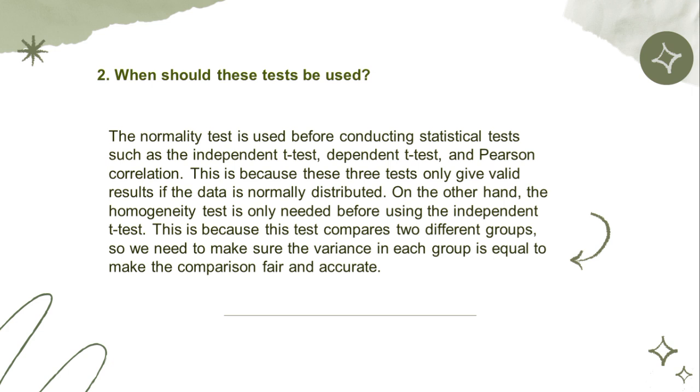On the other hand, the homogeneity test is only needed before using the independent t-test. This is because this test compares two different groups, so we need to make sure the variance in each group is equal to make the comparison fair and accurate.